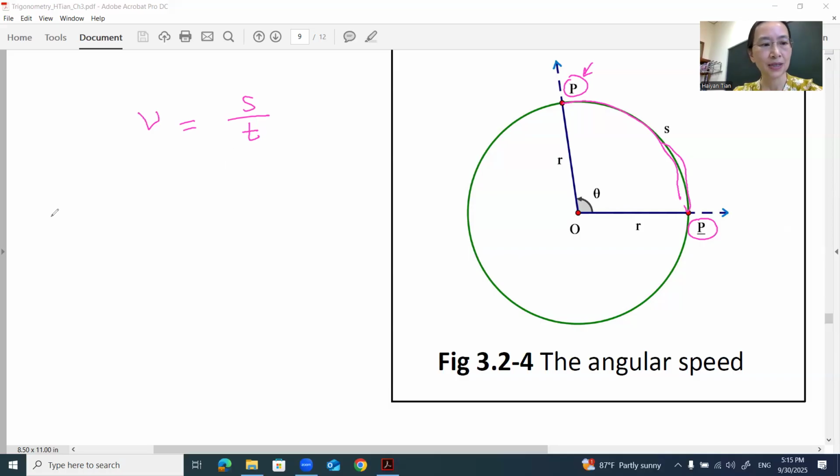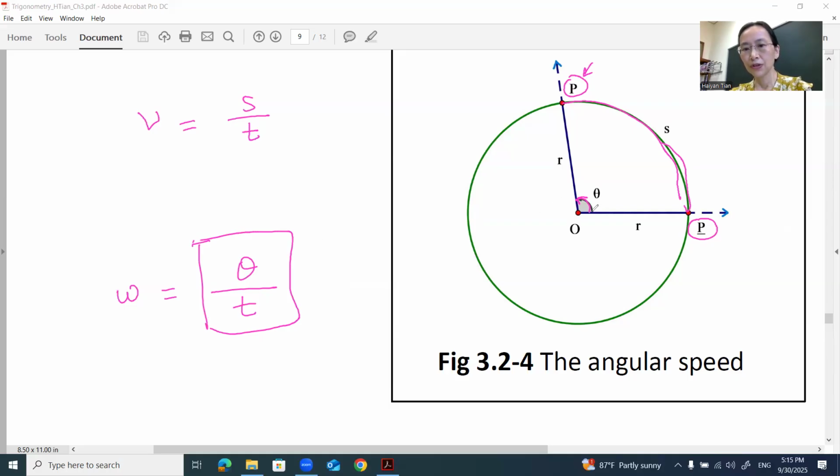But angular speed will be denoted by omega. So the angle covered during this time period, that is theta. Theta over t means per unit time, right? The total time is t.